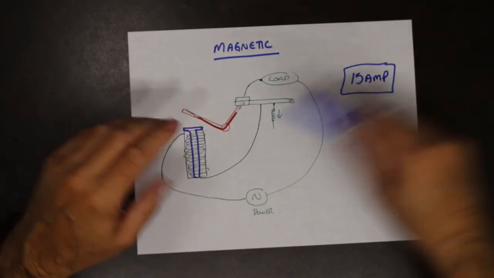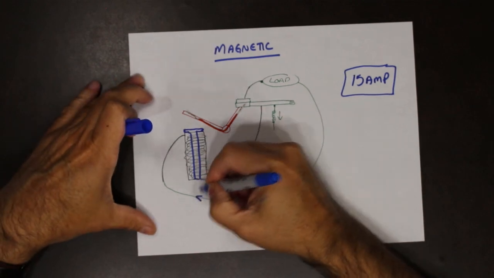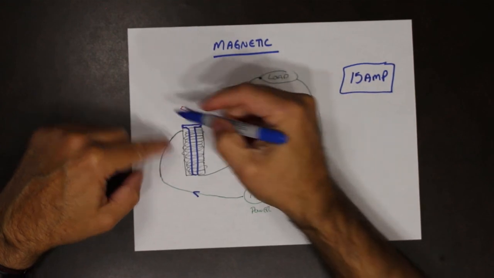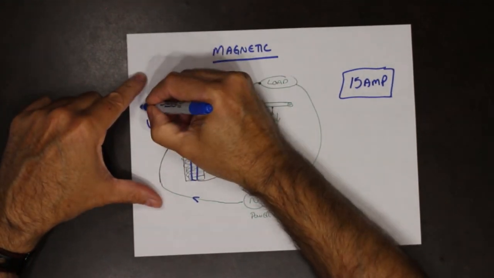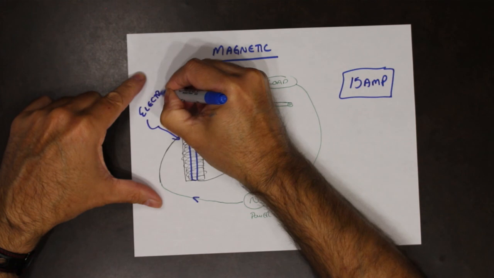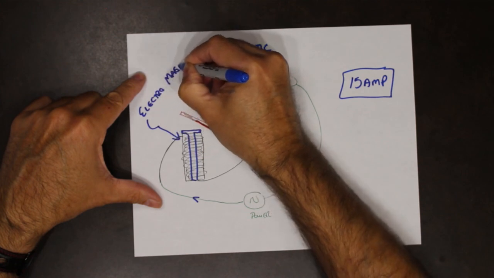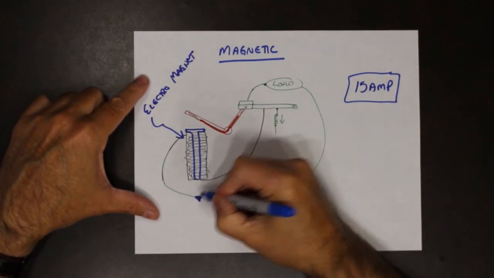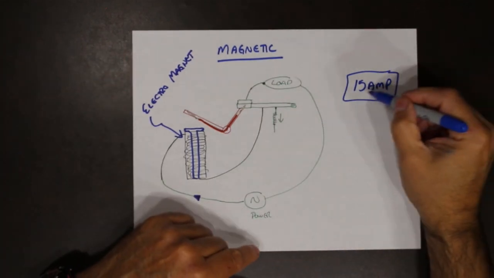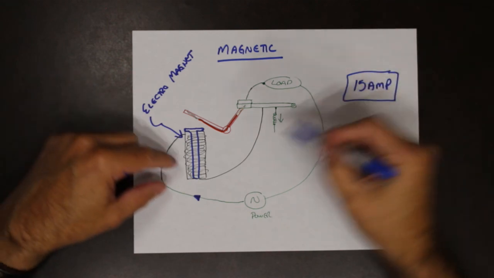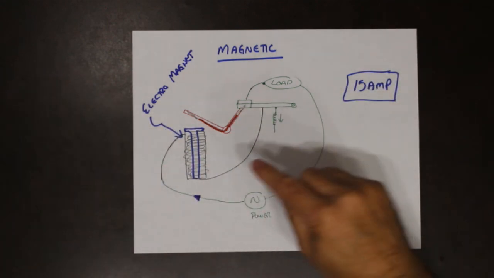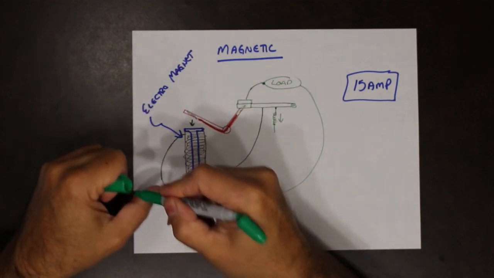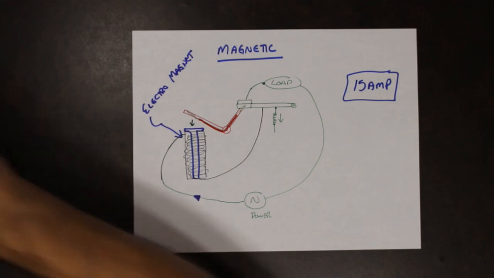So we now have current, and the current will flow up and through a coil. This is an electromagnet. Once the current builds up enough and exceeds this 15 amps, the magnetic field that is created will be strong enough to attract that arm.